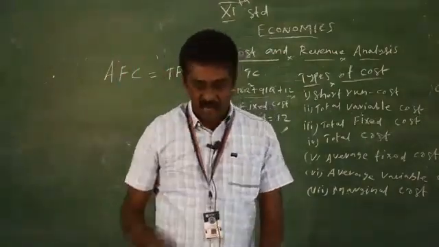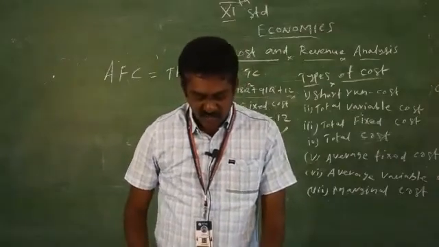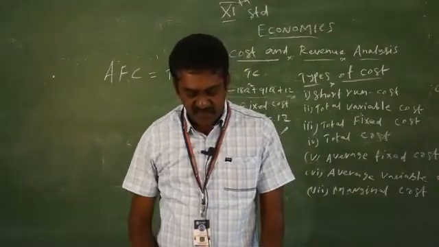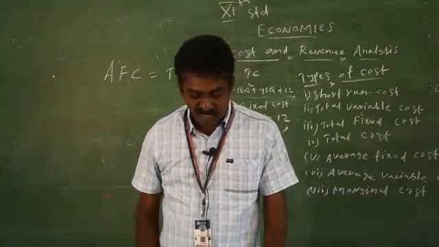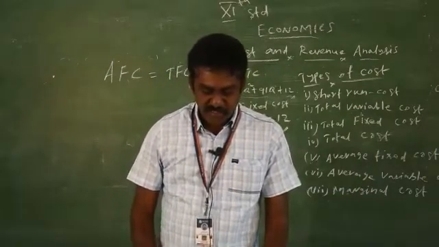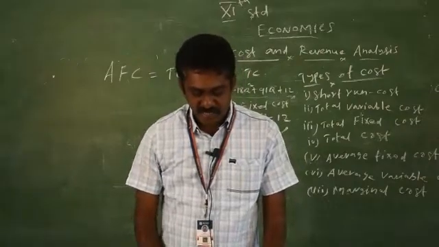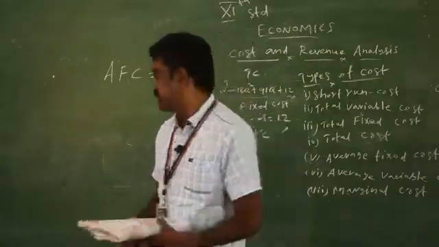We can get average fixed cost. So AFC denotes average fixed cost and TFC denotes total fixed cost. Q denotes quantity of output. For example, the TFC is 1000.